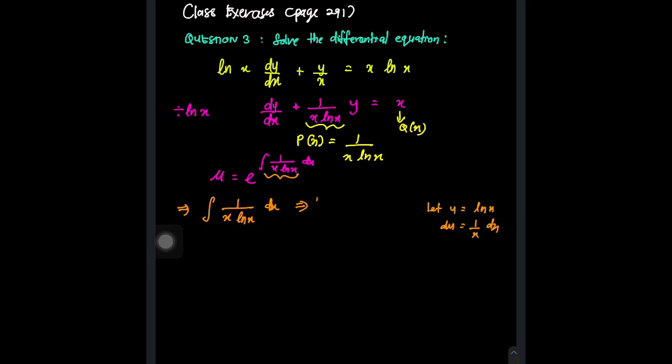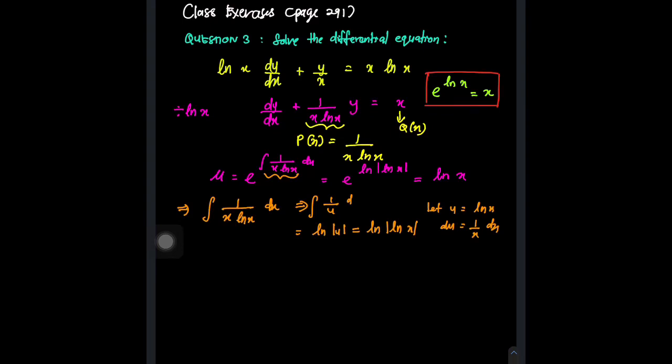So this one will become the integral of 1 over u du, which is equivalent to ln modulus of u. Then substitute back u with ln x, so you will get ln modulus of ln x. So here you will get e power of ln modulus of ln x. Then by using properties, e power of ln of something is equivalent to that something. Therefore, what is left is only ln x.